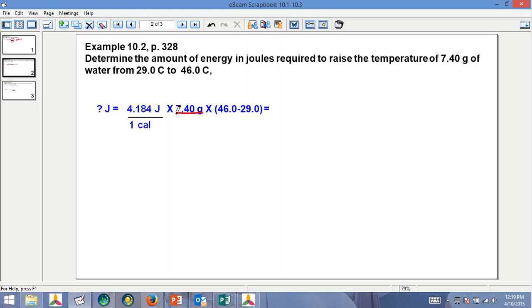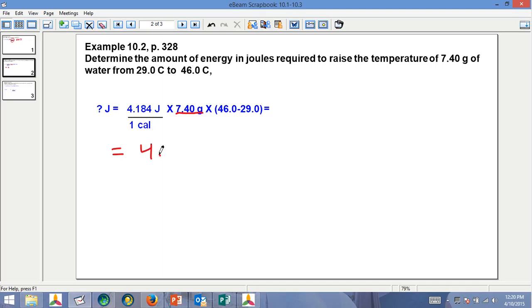In order to figure out the change in temperature, you have to subtract them. So we have 46 minus 29, so I'm going to rewrite this here.